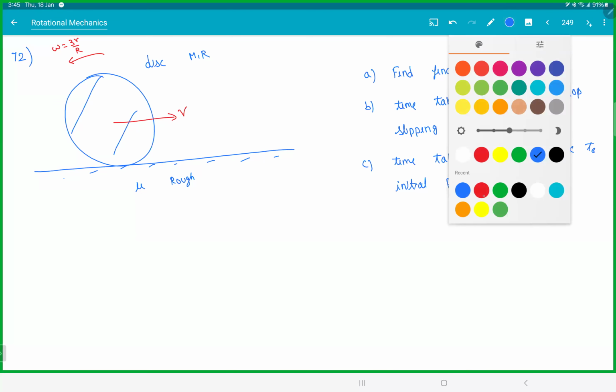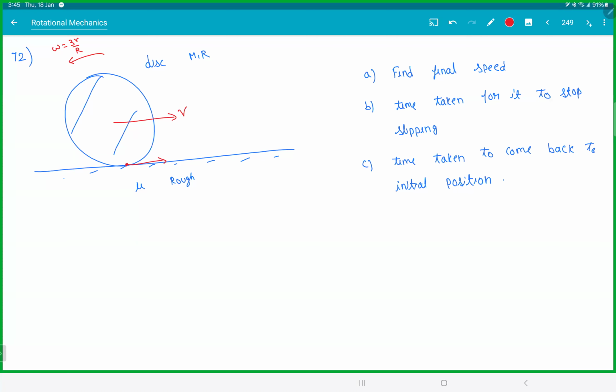If you observe, the velocity at the bottommost point is not zero. It is v plus 3v, 4v. You know how you get this kind of velocities? Did you ever play carom board? You take the coin and keep it like this and put your finger on top of it and you press it down. So what you're doing, when you press like this, you're giving omega this way, but you're pushing the coin forward. So the coin will go forward and then comes back again.